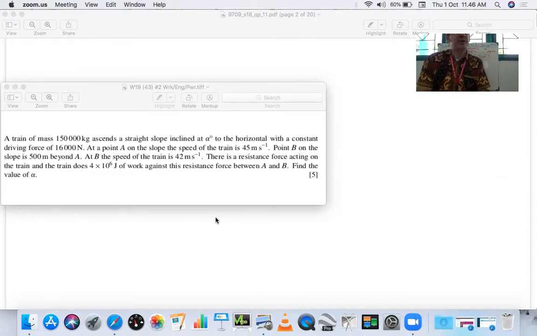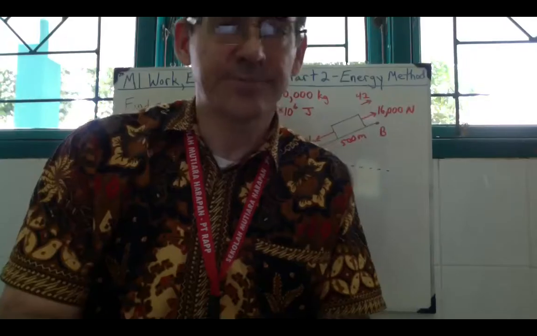Point B on the slope is 500 meters beyond A. At B, the speed of the train is 42 meters per second. There is a resistance force acting on the train, and the train does 4 times 10 to the 6th joules of work against this resistance force between A and B. Find the value of alpha.